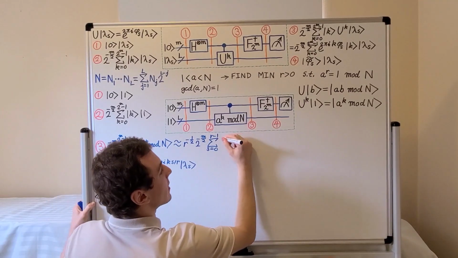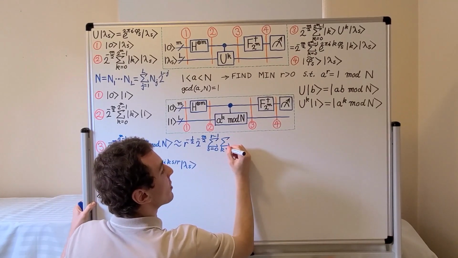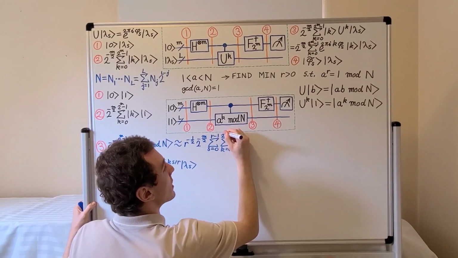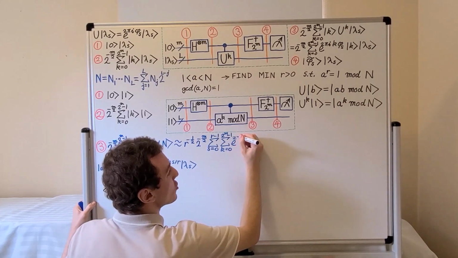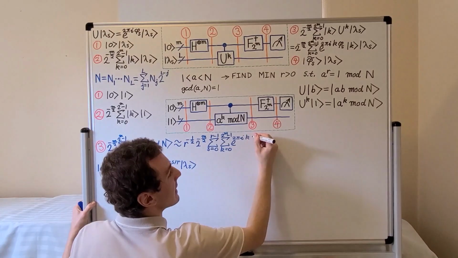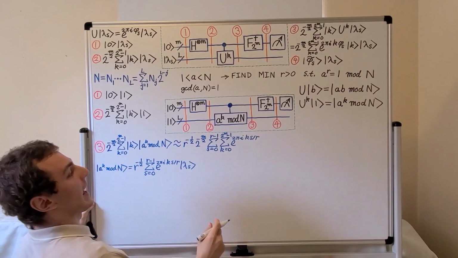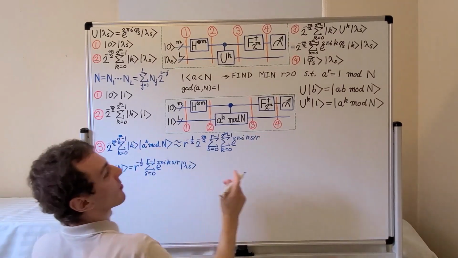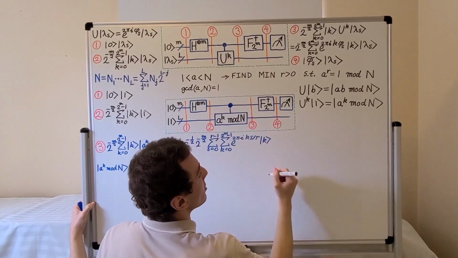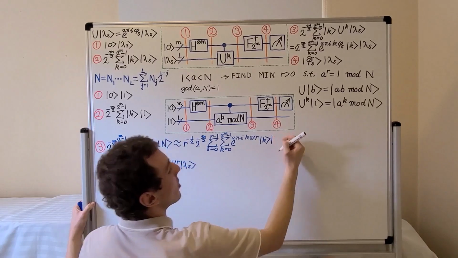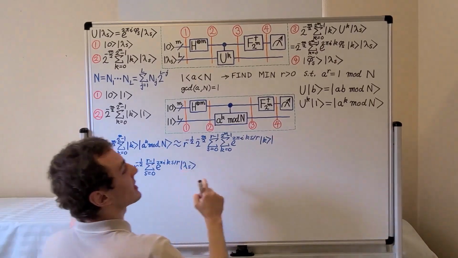And then we're going to have a sum of k going from 0 up to 2 to the m minus 1. And then we're going to have e to the 2 pi i k s on r. And we're still going to have k as the label for these states in the first register. So that's ket k. And then we're going to have the label for this over here. We have lambda sub s.